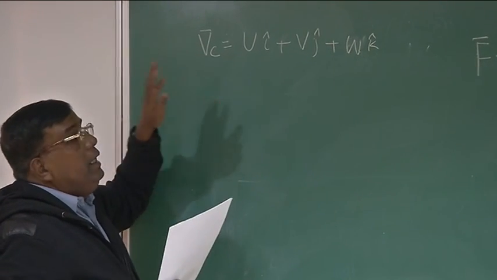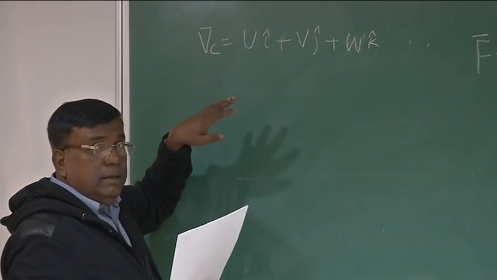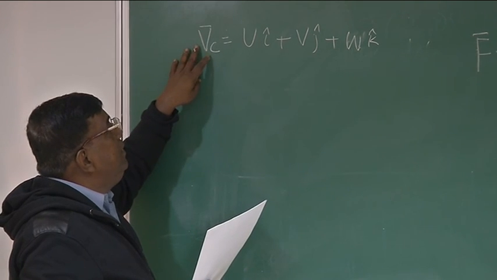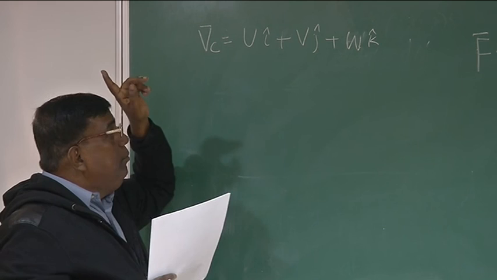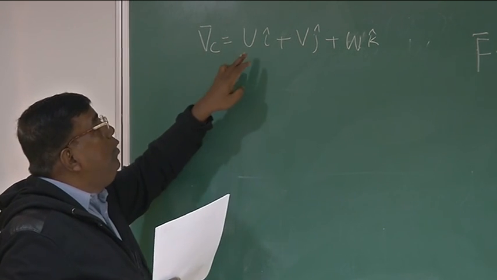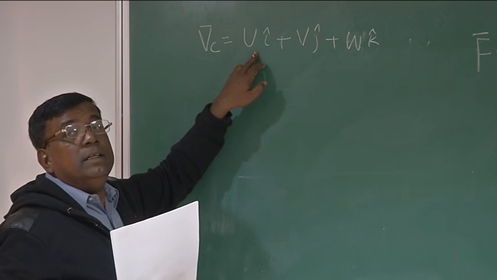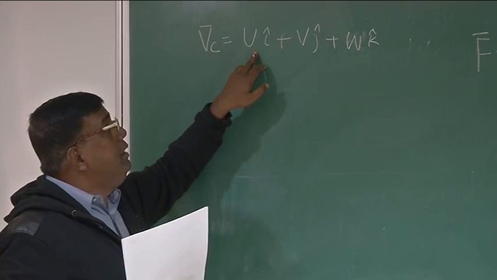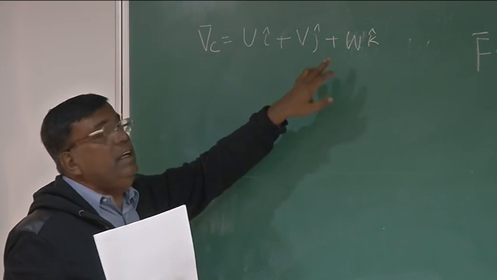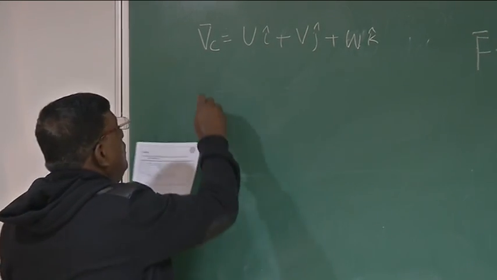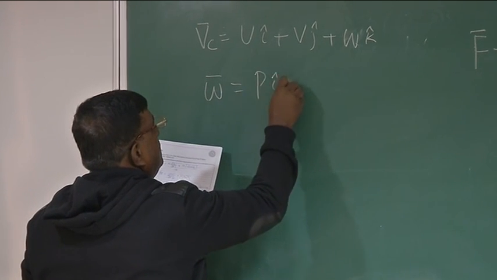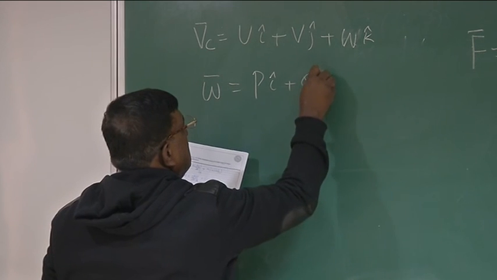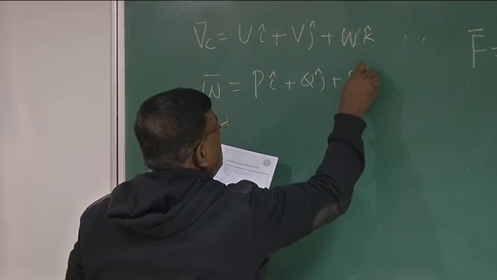It is the x component of Vc, which is measured with respect to the inertial frame, but the x component is resolved into the local body direction, the body fixed axis i direction. Similarly for v and w. And now omega I write as P i plus Q j plus R k.